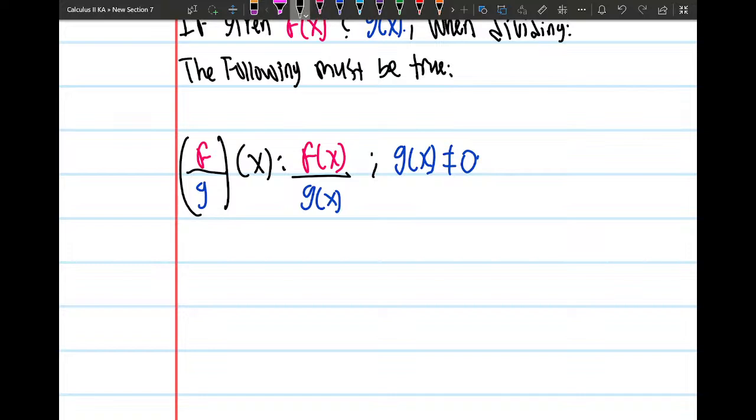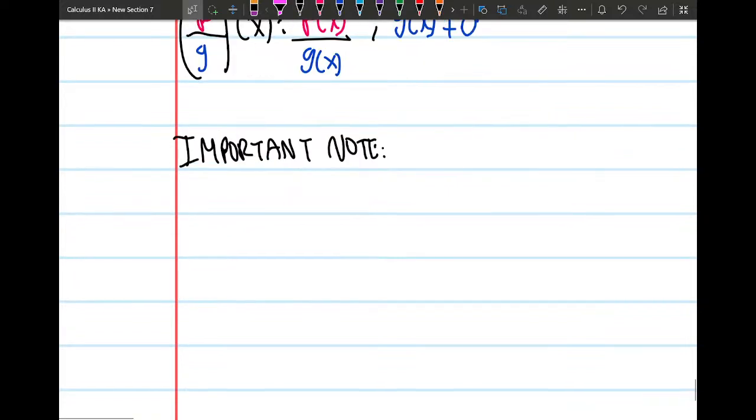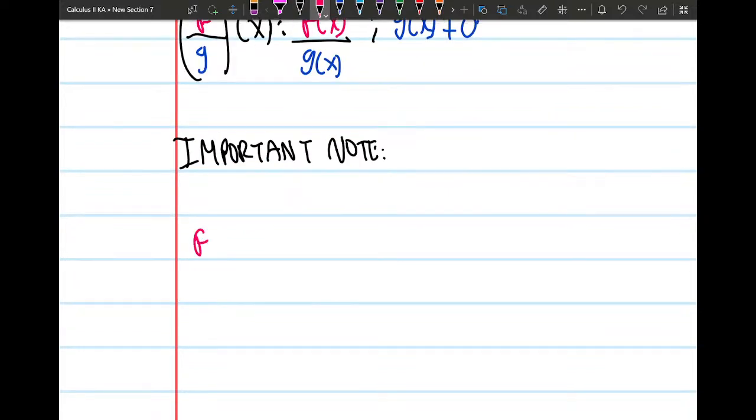Also, another important note is that f over g of x does not equal g over f of x.